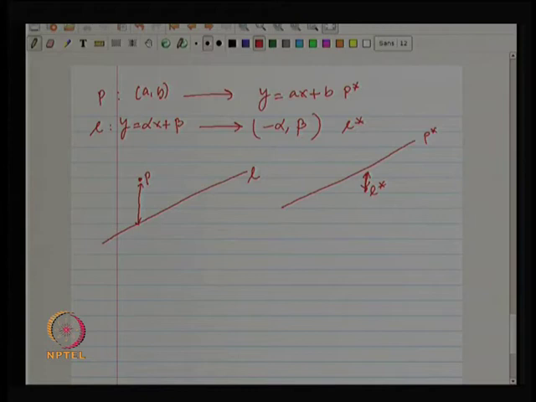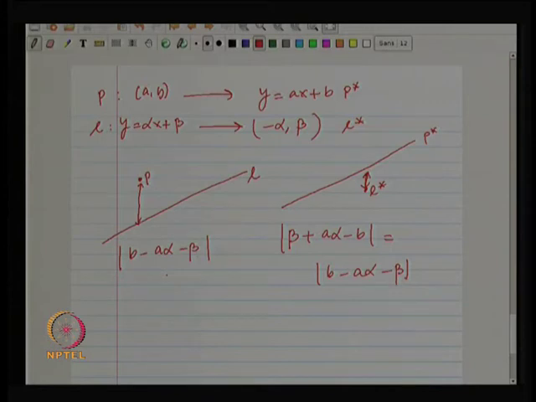If you look at the vertical distance in the primal plane, the vertical distance between the point P and the line L is b minus a alpha minus beta. If you look at it in the dual plane, it becomes beta plus a alpha minus b, which is the same as b minus a alpha minus beta in absolute value.